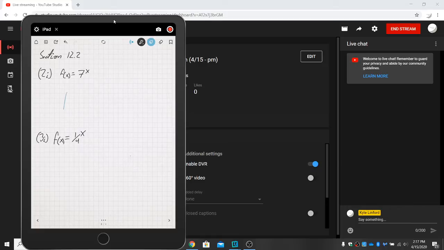A quadratic was f of x equaling a variable squared. An exponential is a function where you have some number, whether it be 2 or 7 or 5 or a fourth or whatever, I'll call it b, to the x value. In a quadratic, the number that was squared was the variable.